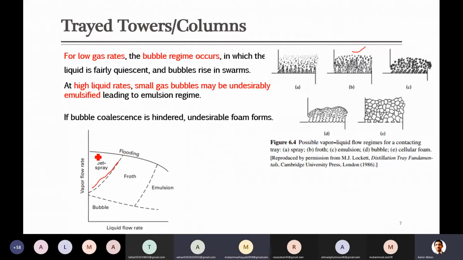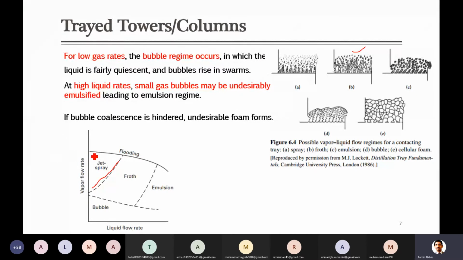Overflow of water? No, actually, you are right that flood relates to flood, but here it is related to the vapor in the column. If you look at this solid line from the top, you can see that at any point the liquid flow rate is low and the vapor flow rate is very high.